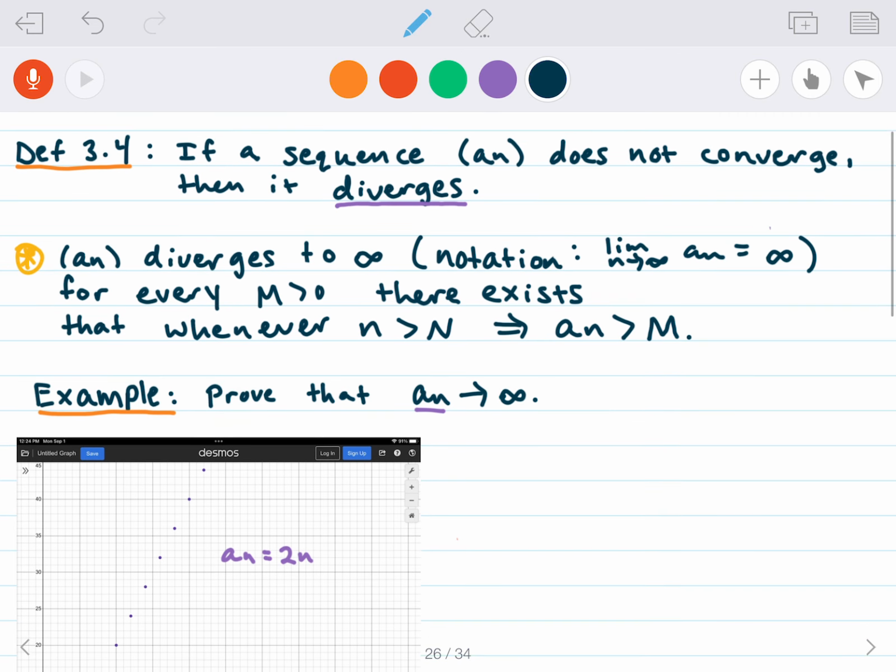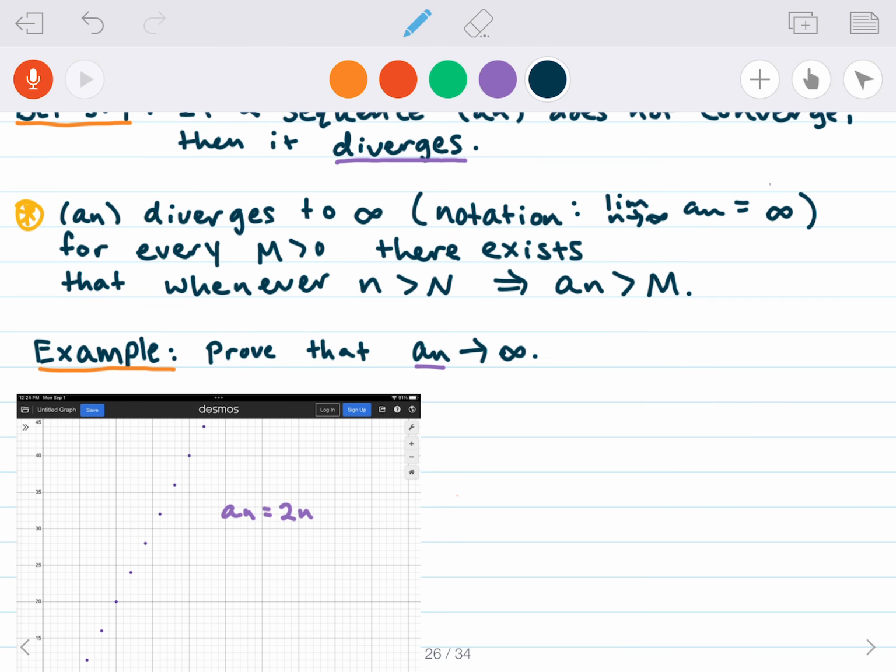So the first case is that our sequence diverges off to infinity, and the notation that we use is the limit as n goes to infinity of the sequence equals infinity. The way that we can prove this is that for every real number m bigger than 0, there exists a capital N in the natural numbers such that whenever little n is bigger than capital N, this implies that the term in the sequence is bigger than m.